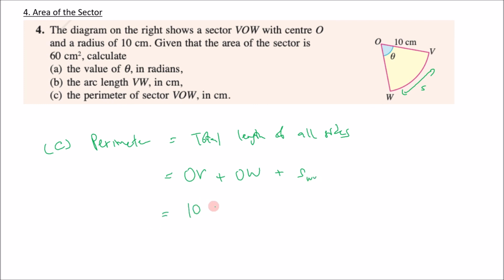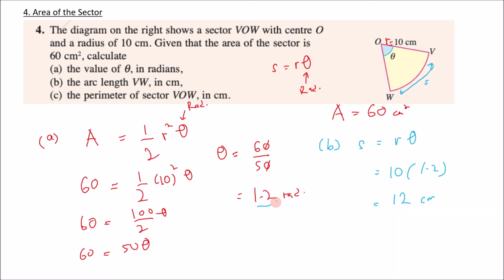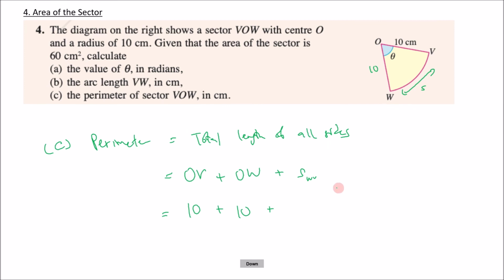So OV is 10. OW is also 10. And then S, we have figured it out in question B, which is 12. And we shall get 32 cm.